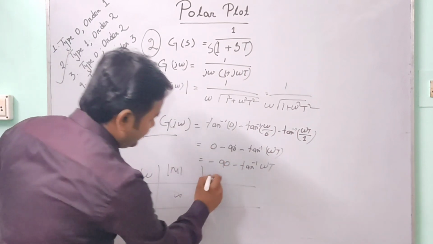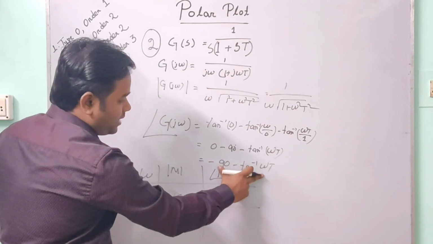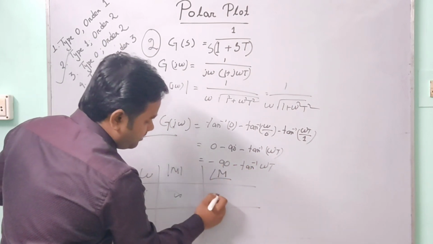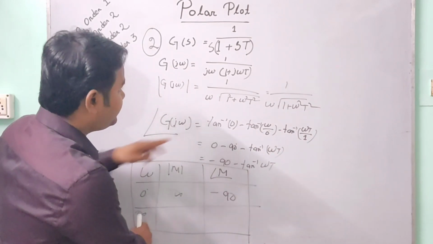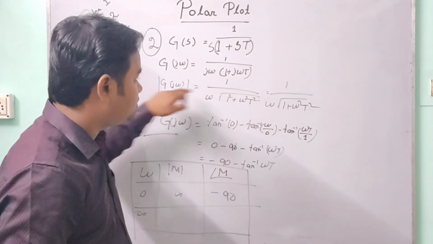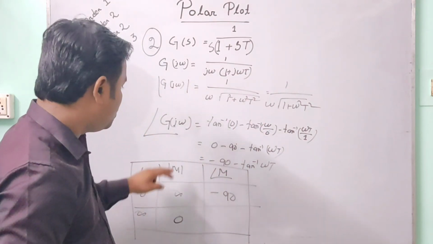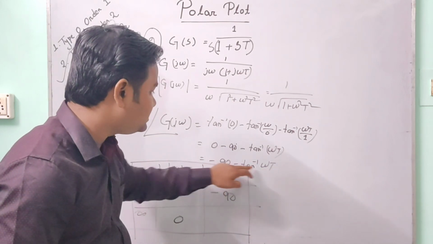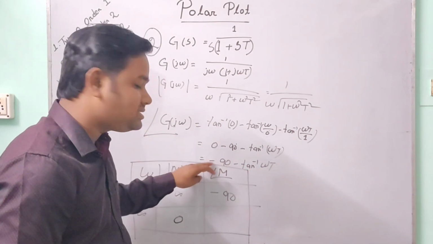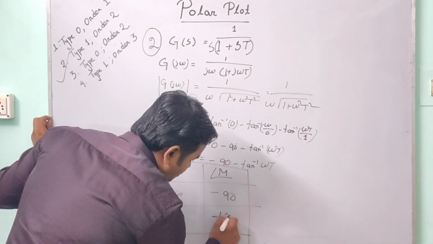And in the angle, tan inverse of 0, so minus 90 degrees minus 0, the angle will be minus 90 degrees. If I put omega equal to infinity in the magnitude, then 1 by infinity will be 0. If I put omega equal to infinity in the angle, then minus 90 minus tan inverse infinity is equal to minus 90 minus 90, which is minus 180 degrees. So the angle will be minus 180 degrees.